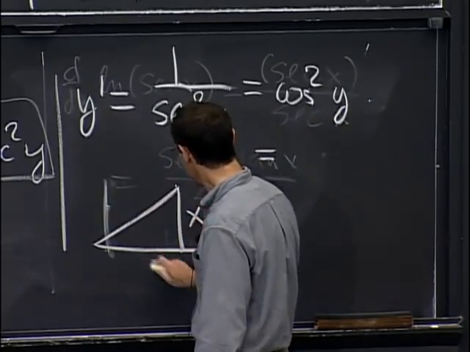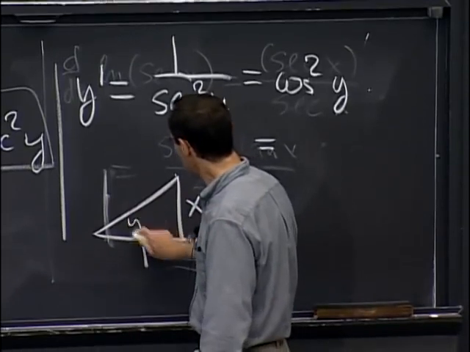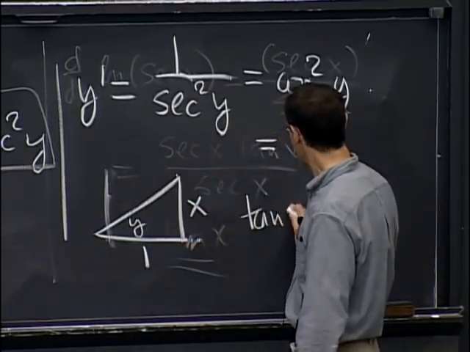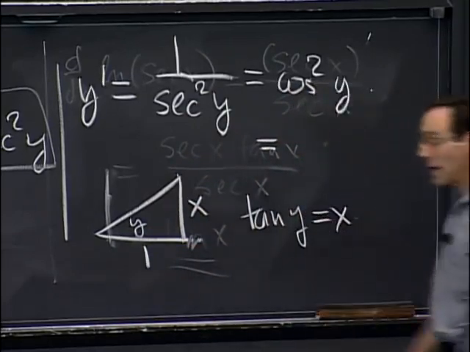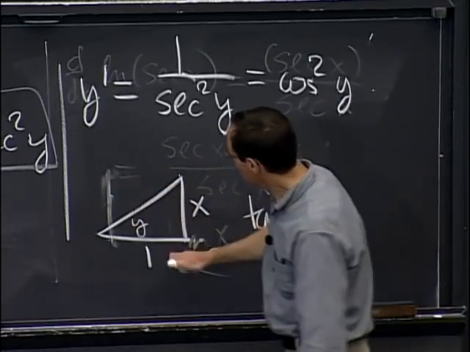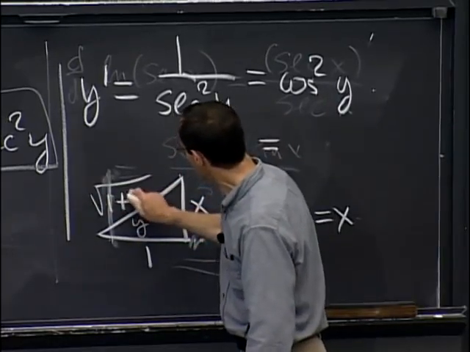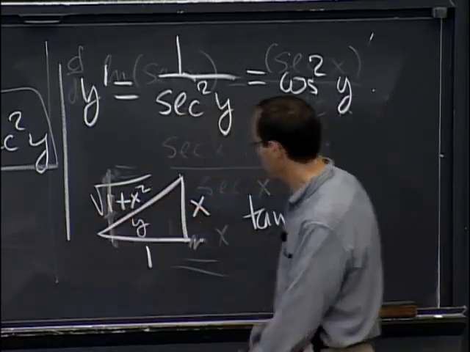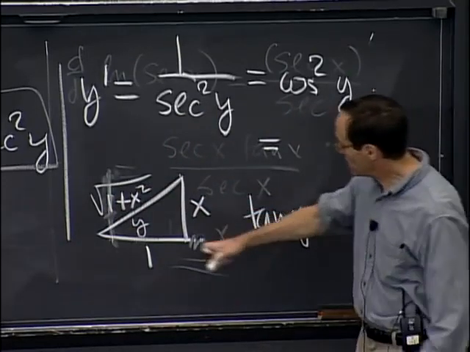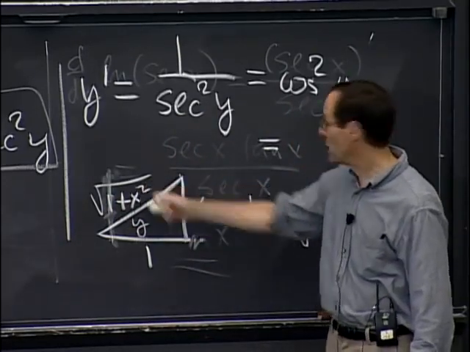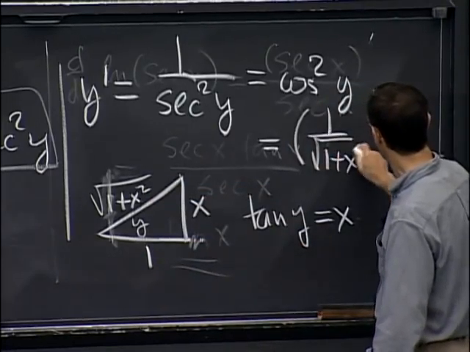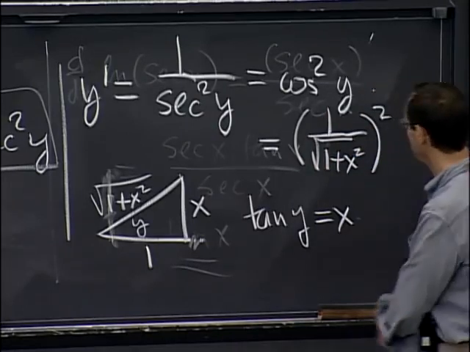If this is x and this is 1, then the angle is y because the tangent of y is x. So this expresses the fact that the tangent of y is x. And then the hypotenuse is the square root of 1 plus x squared. And so the cosine is 1 divided by that. So this thing is 1 divided by the square root of 1 plus x squared, the quantity squared.